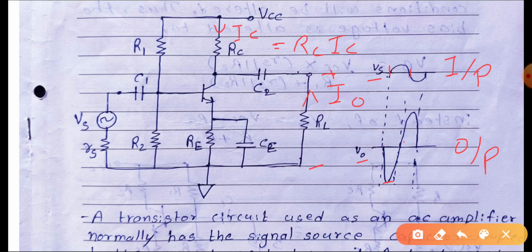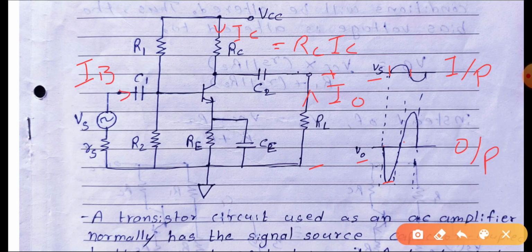So you can directly see when the input voltage increases, the value of input current IB also increases. So IB increases, here is the IB input current, and as you know the current gain of common emitter amplifier beta is in the range of 100.